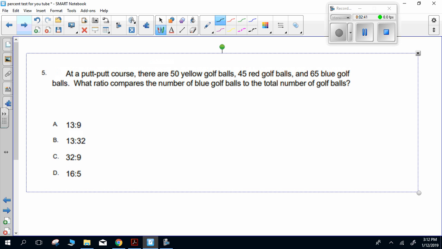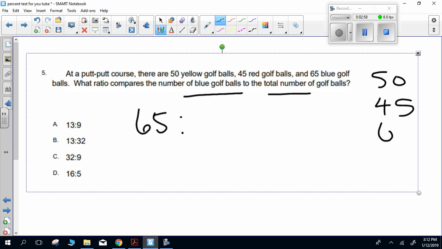At a putt-putt course, there are 50 yellow, 45 red, and 65 blue golf balls. What ratio compares the number of blue to the total? So I know that there are 65 blue, and then my total is 50 plus 45 plus 65, so it's 160.